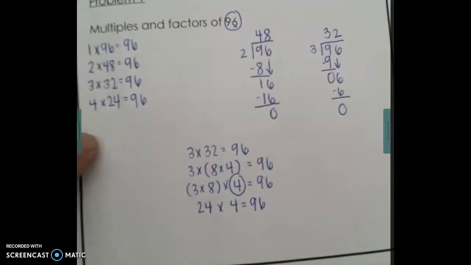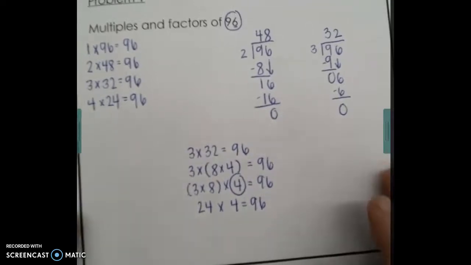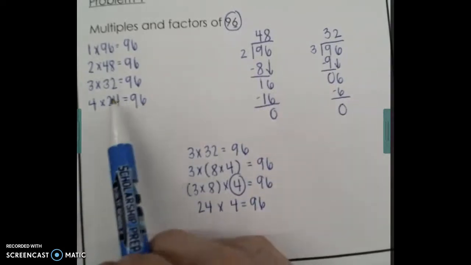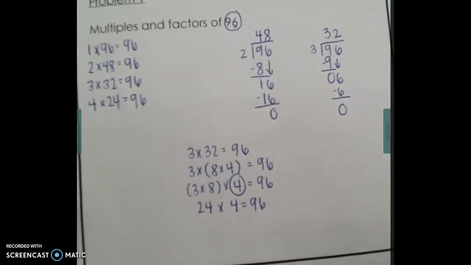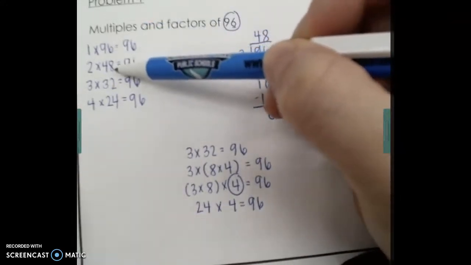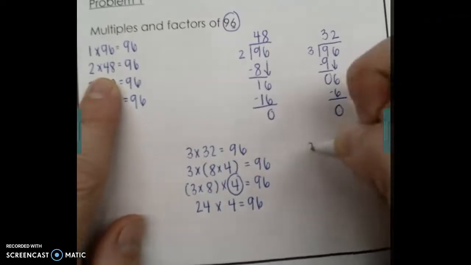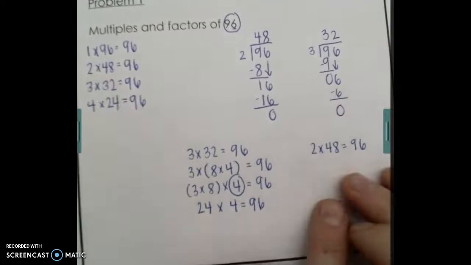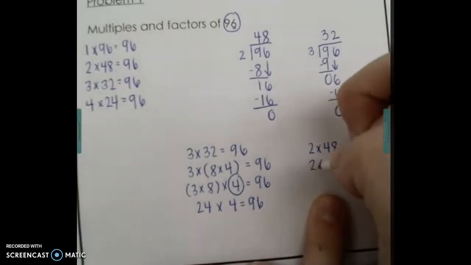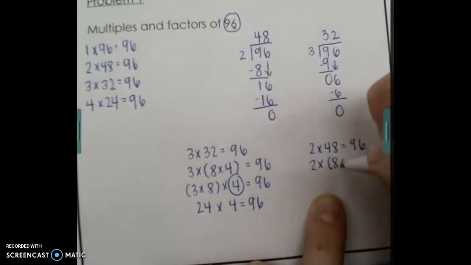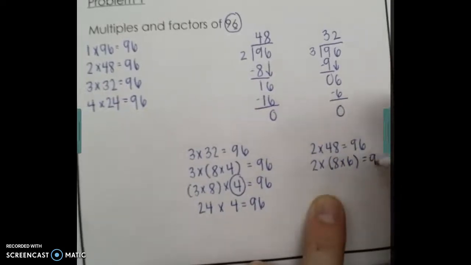We've done 3, if I go to 5, 5 is not going to fit in there. 5 is only going to go into numbers ending in 5 and 0. My number doesn't. Our next number that we need to try is 6. So I'm going to look down here and see if there's any numbers that 6 can go into. Well, I know 6 can go into 48, so I'm going to use that number. And I'm going to use the distributive property again to see if I can find my 6. So I'm going to keep my 2 the same, and my 48, I'm going to separate into 8 times 6, which makes 48.